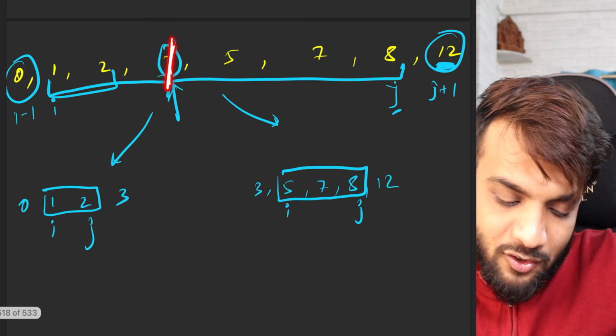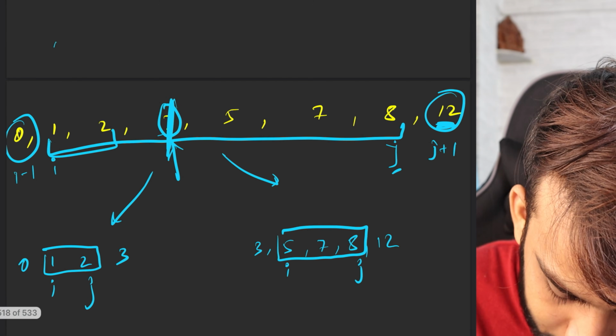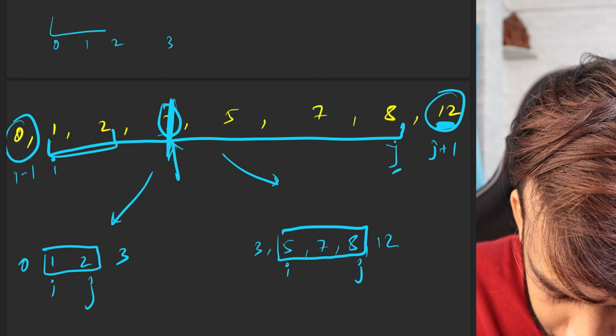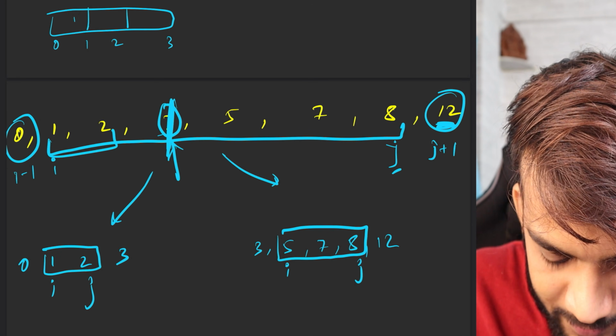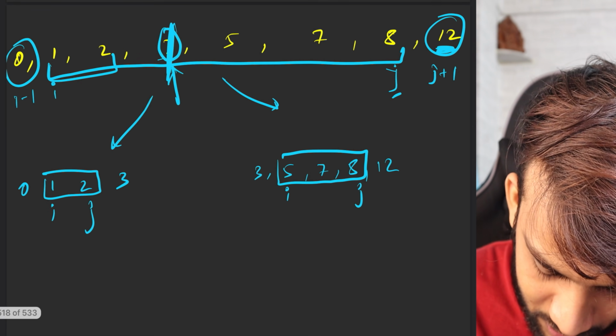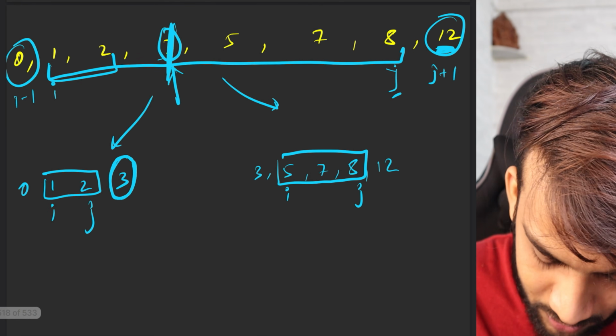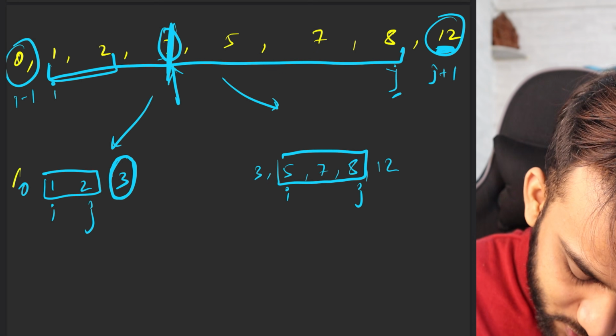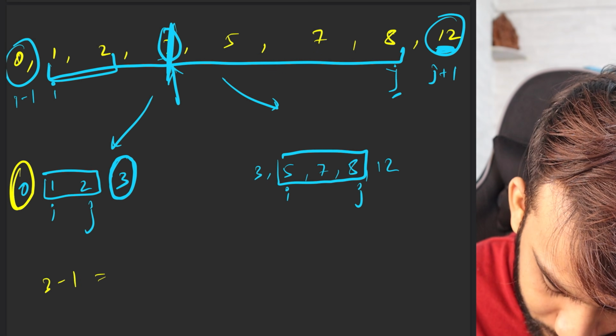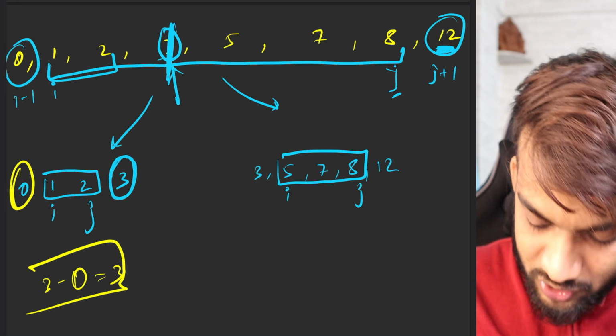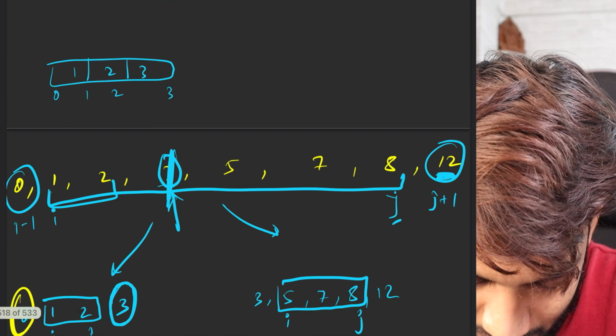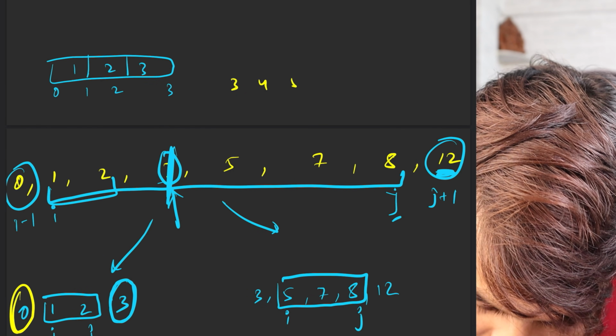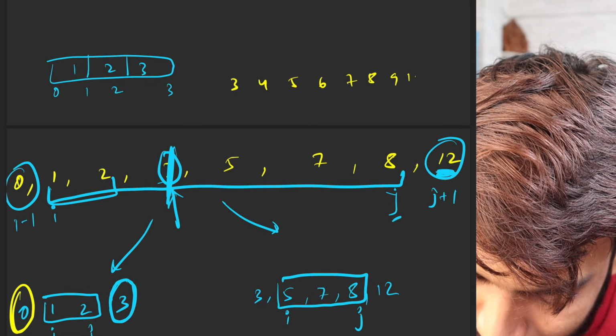if you're making a cut at 3, you'll have 0, 1, 2, 3. And the length will be 3. So again, if you carefully see, 3 because that was the last cut and the last cut on the left was 0. So 3 minus 0 again gave you the length of the stick. Similarly, if you made a cut at 3, then 4, 5, 6, 7, 8, 9, 10, 11, 12.